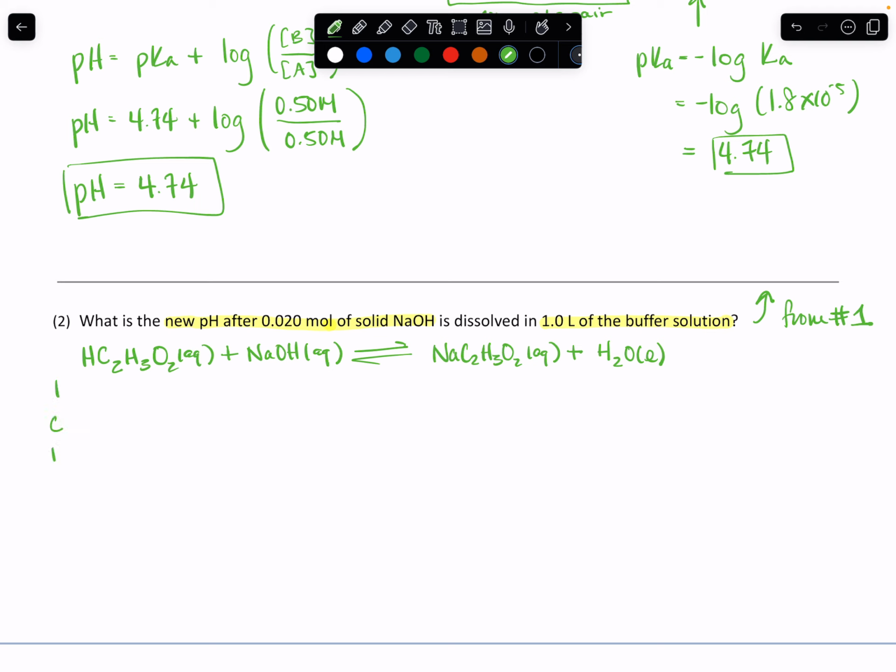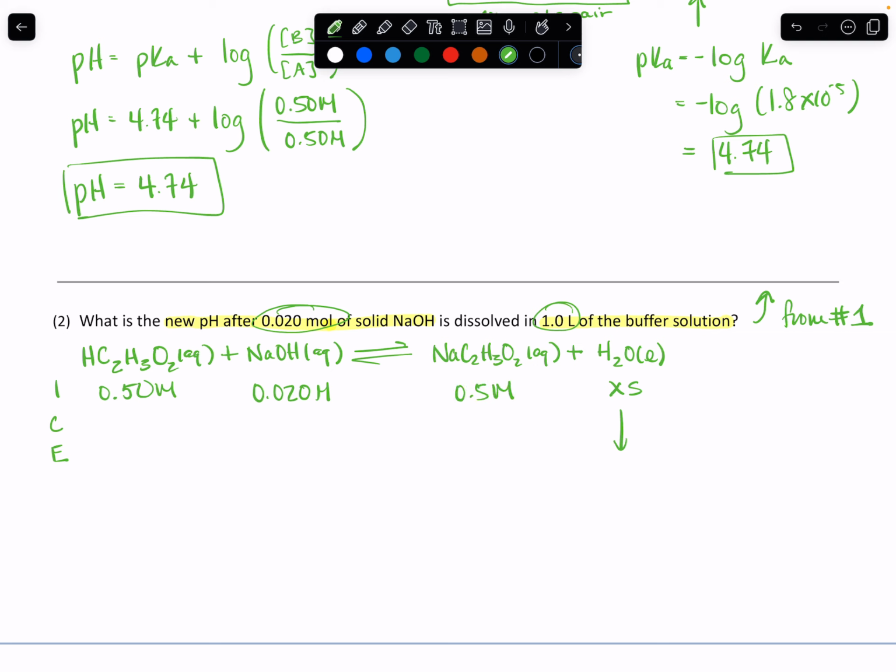Let's start our ice chart with what we have initially. I have 0.50 molar. Now I need to figure out what the molarity of this NaOH is. Well, it's in 1 liter, so 0.02 divided by 1, so 0.02 molar of that sodium hydroxide. The water will be in excess, and I have 0.5 molar of that acetate.